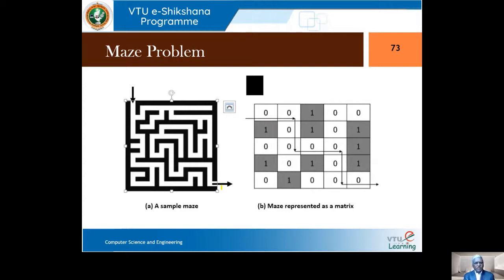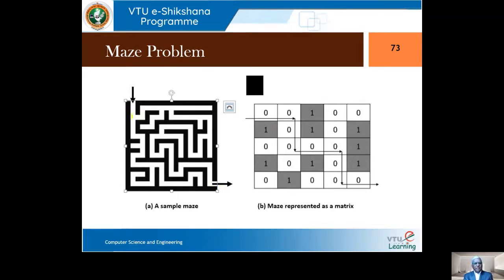Try to understand the problem first. We are given a board or a framework where we have walls and openings. A lot of computer games also are something like this, but this is a very old popular game. Now the rat enters here, and you should be able to show the path for it to come out from this exit point.